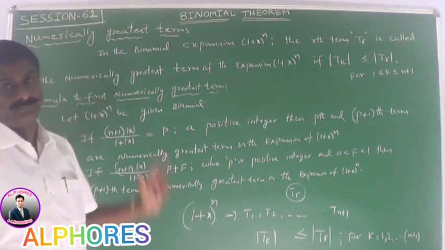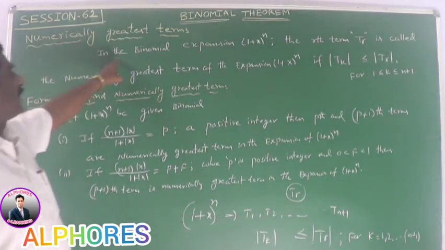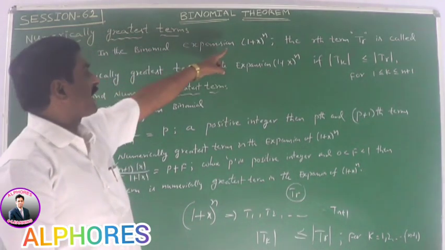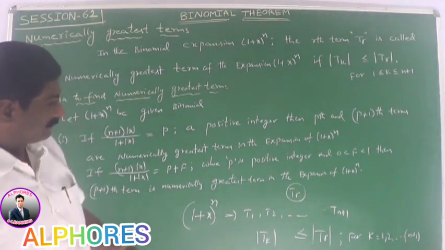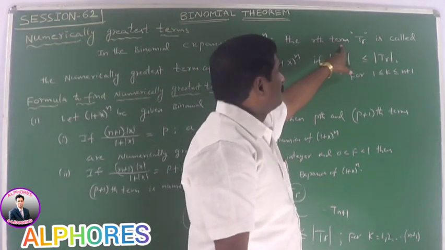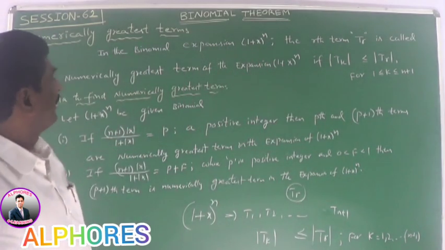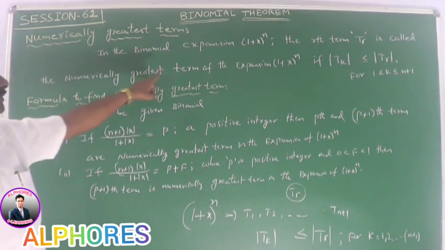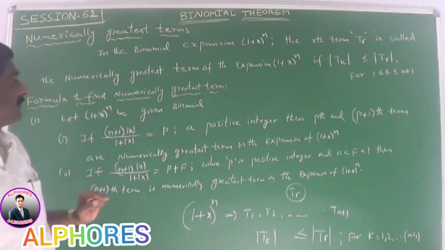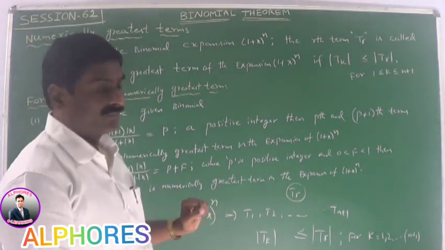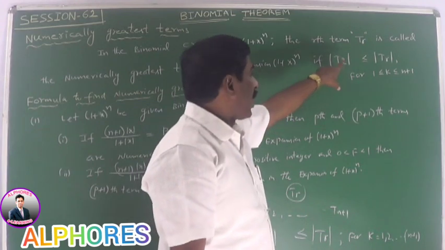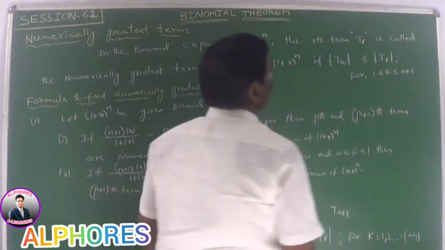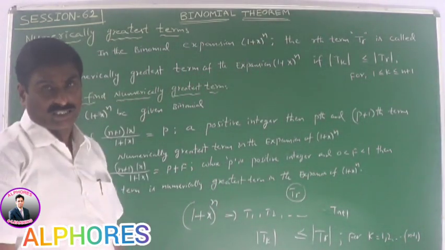Numerically greatest term: in the binomial expansion (1 plus x) whole power n, the rth term t r is called the numerically greatest term of the expansion (1 plus x) whole power n if mod t suffix k is less than or equal to mod t r for 1 less than or equal to k less than or equal to n plus 1.